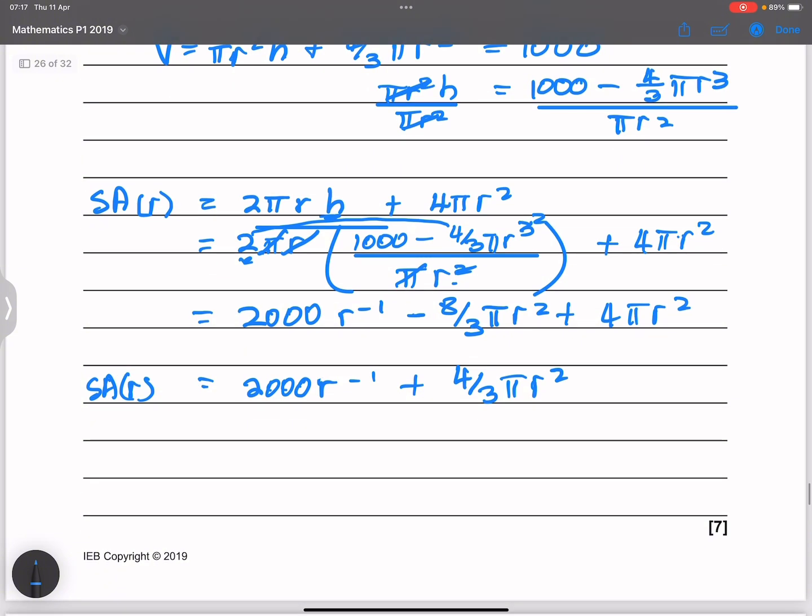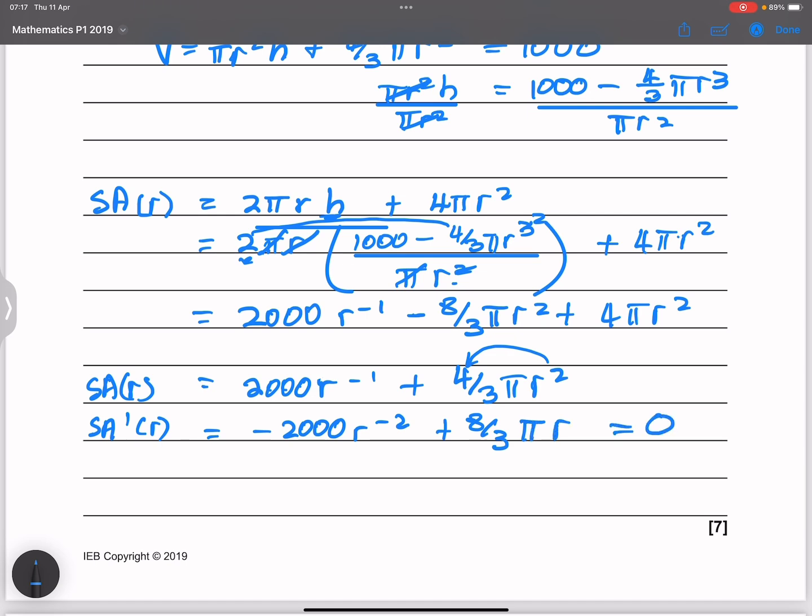So now remember, what do we do to maximize? We're just simply going to take the derivative of this. So we're going to take the derivative of the surface area, right? So that will give us minus 2000 r to the minus 2, okay? And we'll have 2 times 4 over 3, plus 8 over 3 pi r, and this is equal to 0.